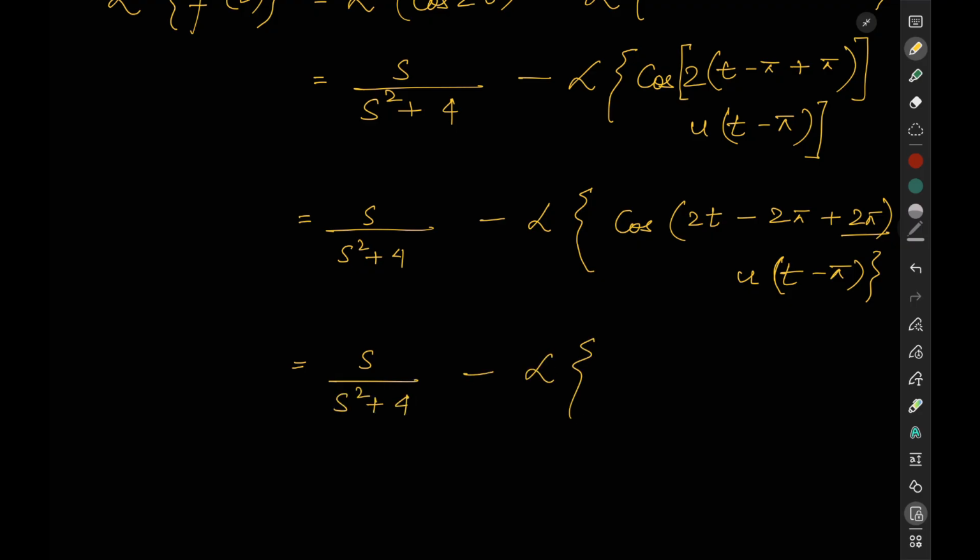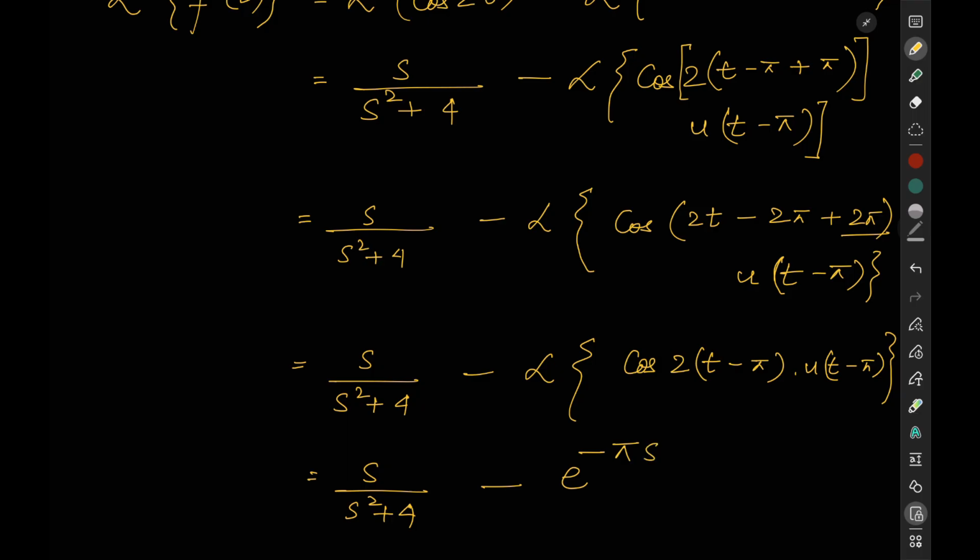So it will become cos 2(t minus pi) times u(t minus pi), since cos(theta plus 2 pi) is equal to cos theta. Now for this, the Laplace becomes e to the power minus as, where a is pi, times the Laplace of cos 2t. The Laplace of cos 2t will be s upon s square plus 4. This will be the answer.